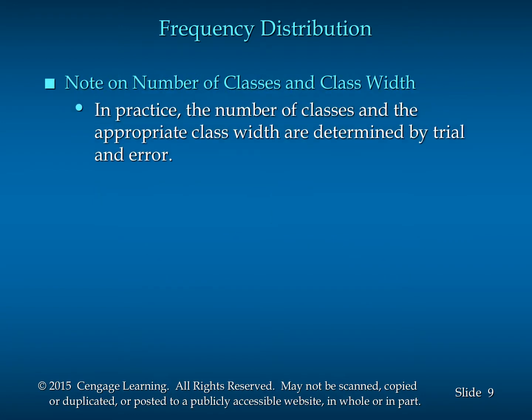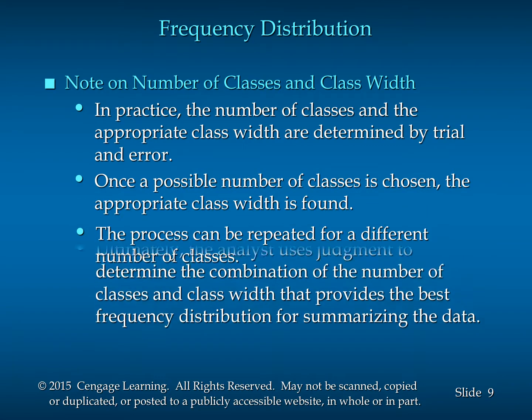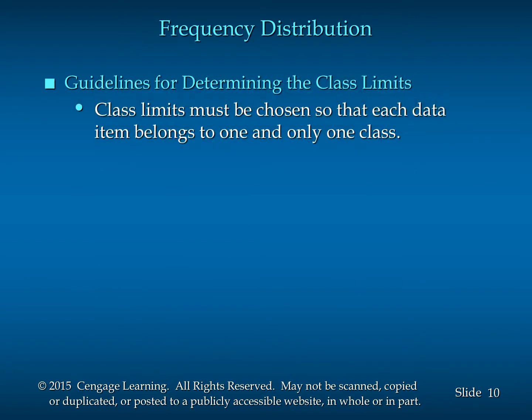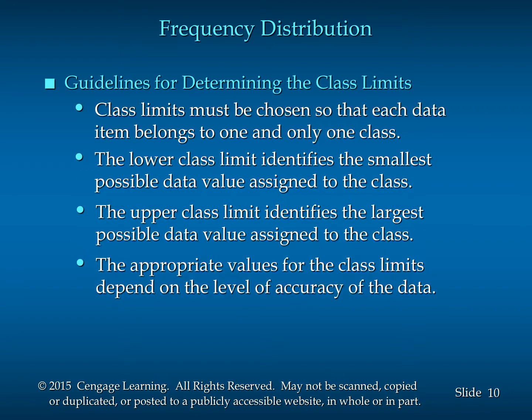Bottom line, determining the number and width of the classes is by trial and error and could be different for each data set. It is possible that the bottom and the top class could be open-ended.